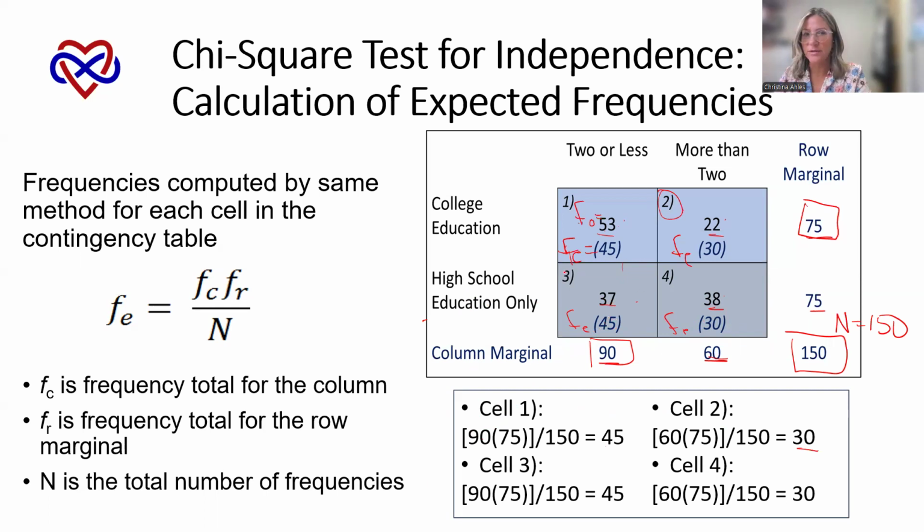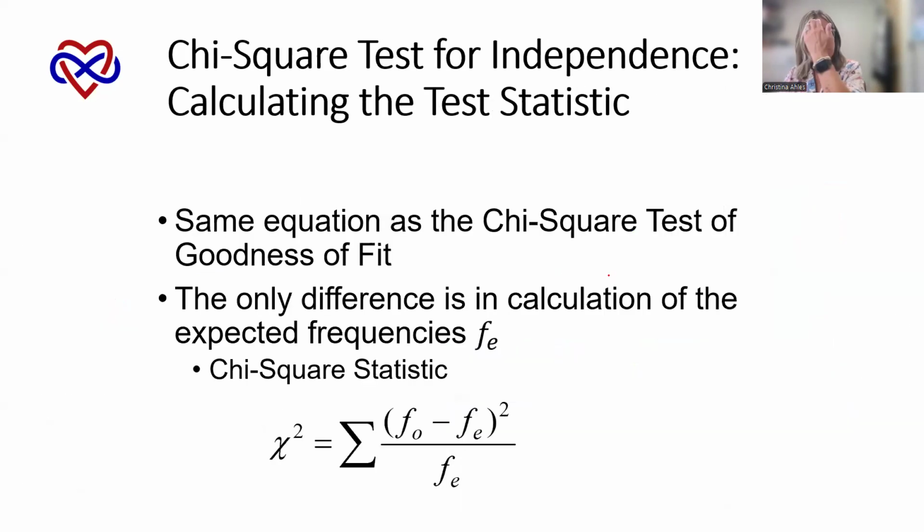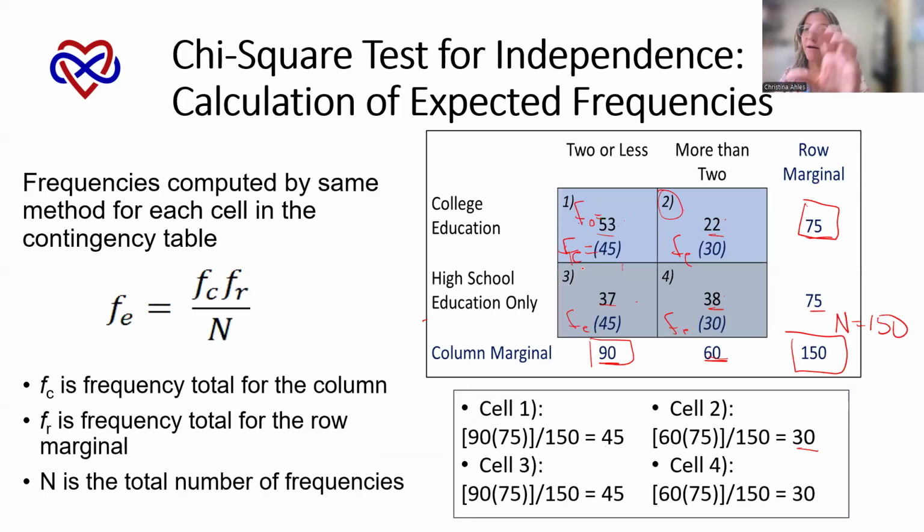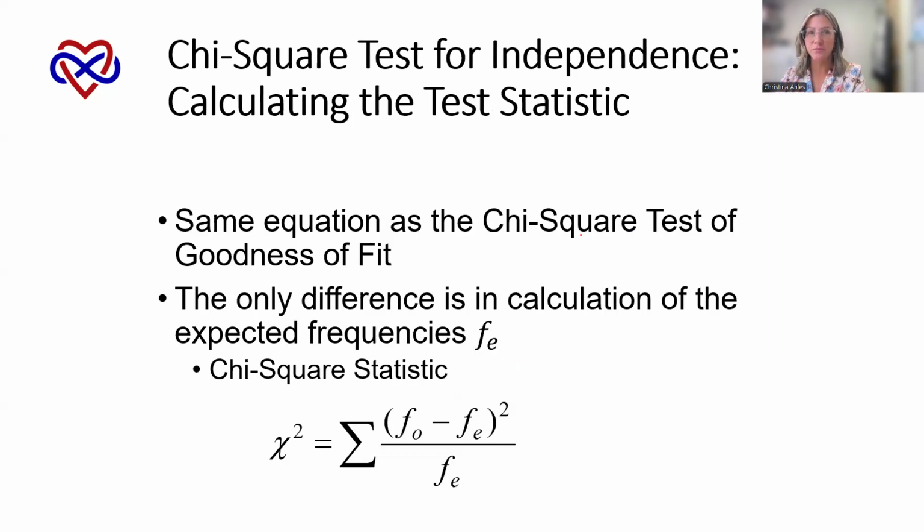Once you have those, that's the only new thing that you really have to do for this. Then you can start calculating. You're going to have, again, four little chi-square calculations. It's the same equation as the goodness of fit.